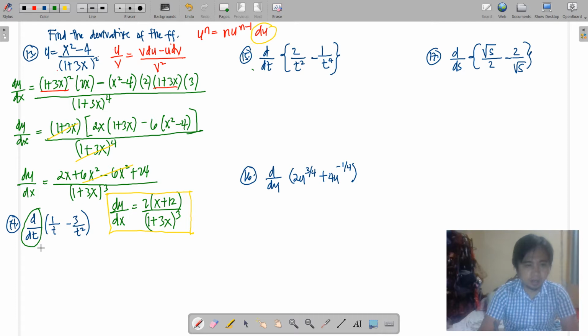Our v is t, our u is 1. The differential of 1 is 0. Minus u, the differential of t is dt over dt, which is just equal to 1, all over t squared. Then for this one, minus v is t squared, du is 0, minus u is t squared.